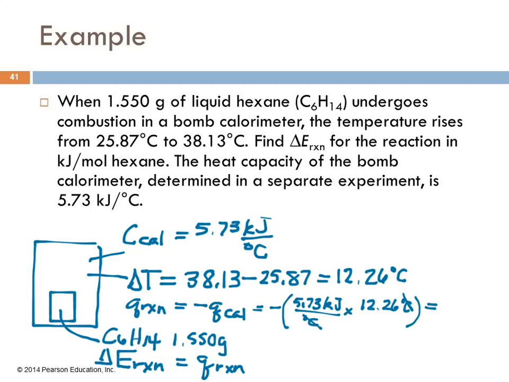That should have 3 sig figs, 70.2498. And that's going to have a minus sign on the front of it because of this minus sign.